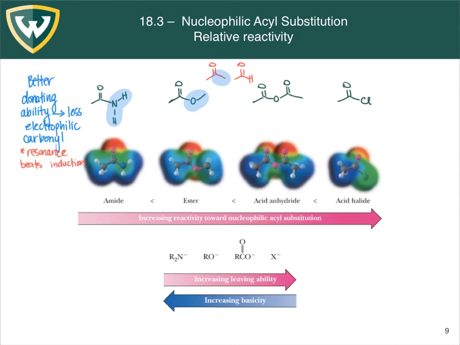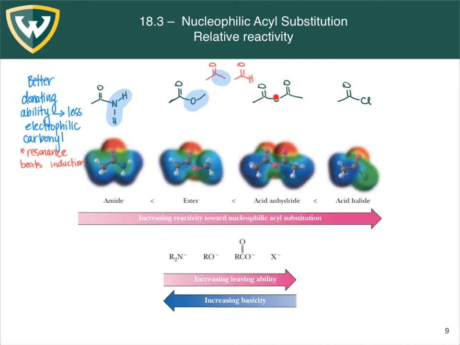Heading in the other direction, we have the aldehyde, which you can really think of as our kind of zero point for reactivity, because the C and the H are very similar in electronegativity. Now, if we have a carboxylic acid as our group, you can think of, if this were leaving, it would be the carboxylate.